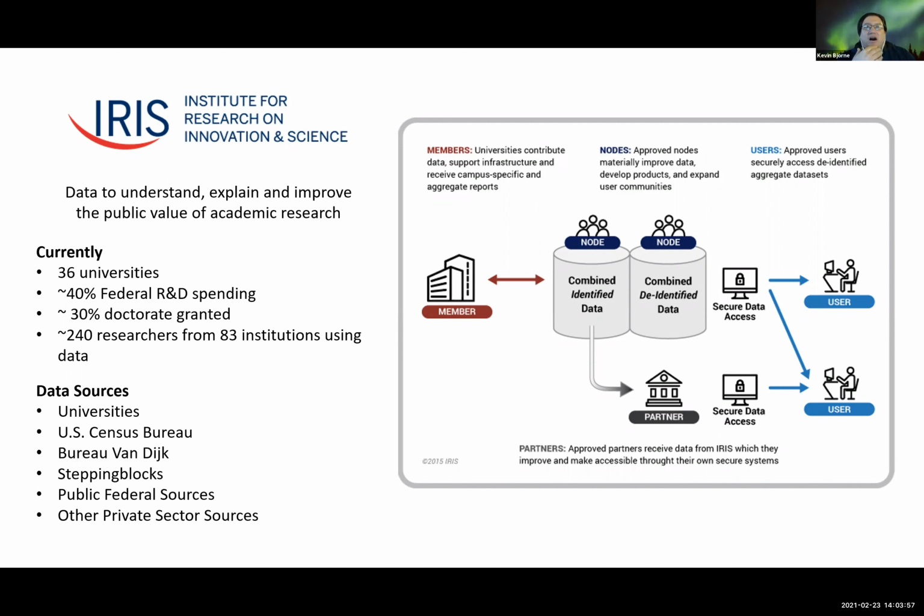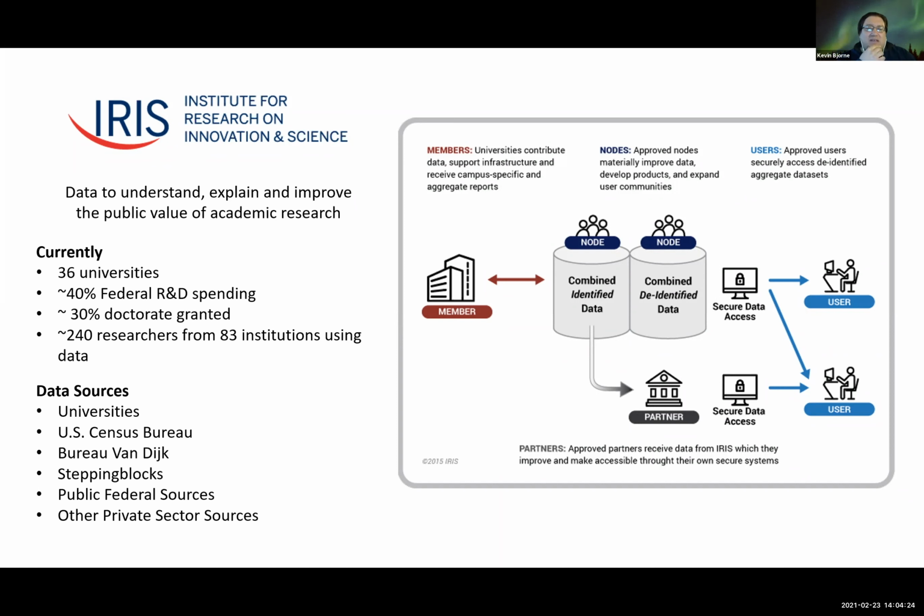And so IRIS was created to try to help answer that question for all of our members and even non-members. We do a lot of op-eds and different things with the federal government and stuff, advocating for the value of that research. So right now, we have 36 active university members, and they run all across the country.